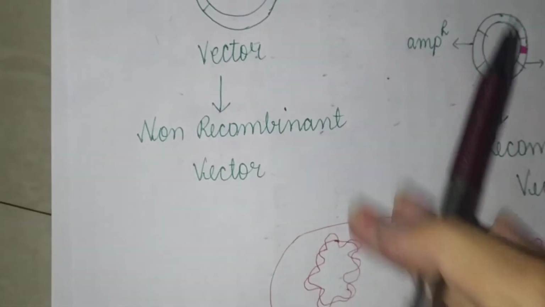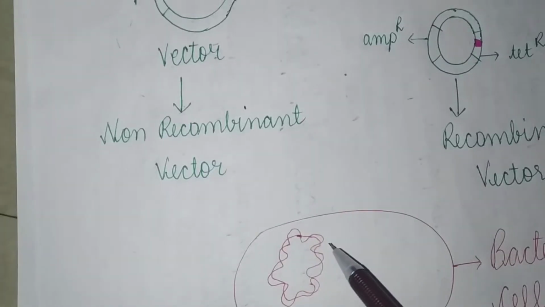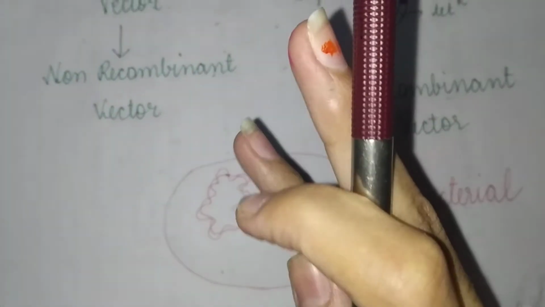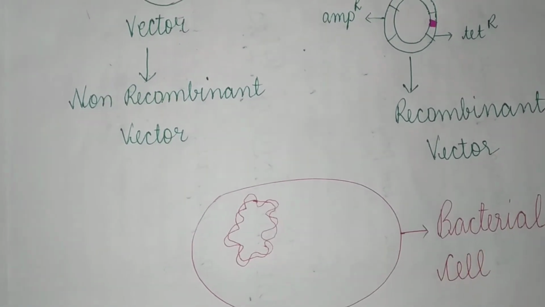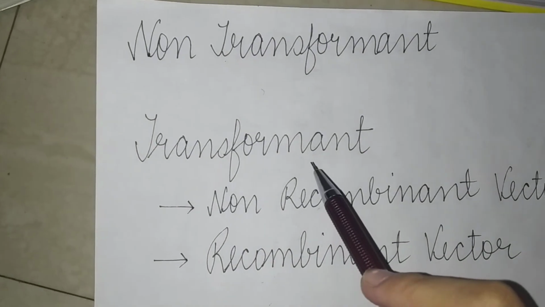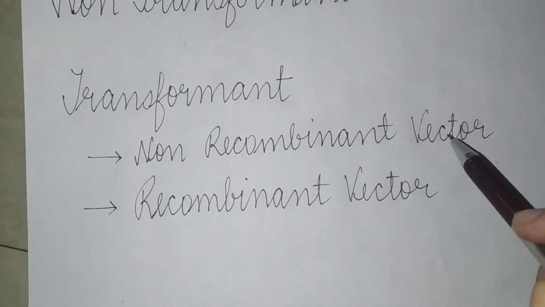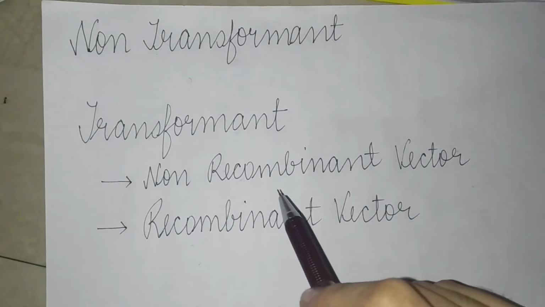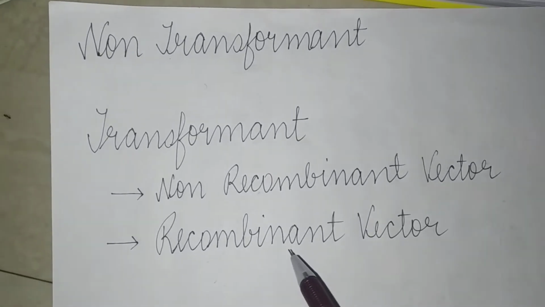See, if we need to transfer all this into a bacterial cell, there will be three possibilities. And what are those three possibilities? It will become a non-transformant, or a transformant, which has two subdivisions: it has received non-recombinant DNA or recombinant DNA. It must be clear to you what we mean by non-recombinant vector and recombinant vector.